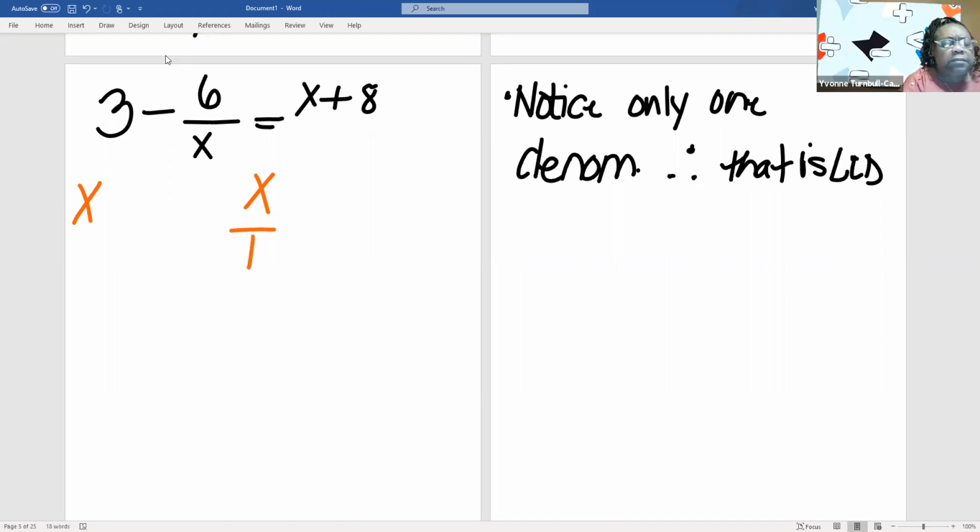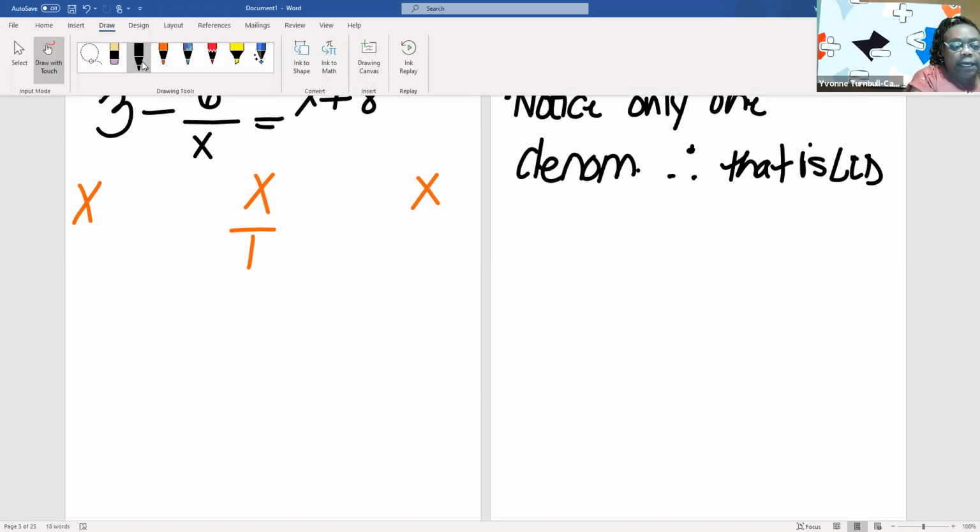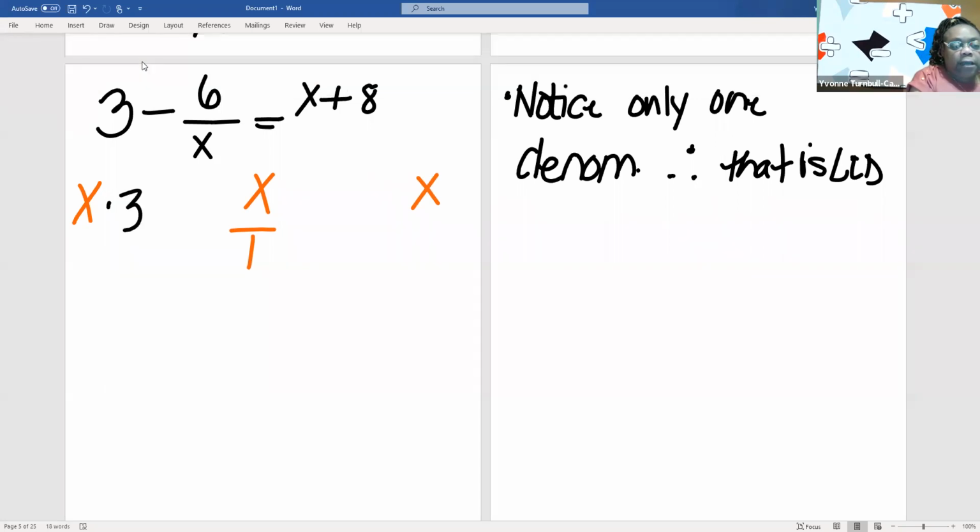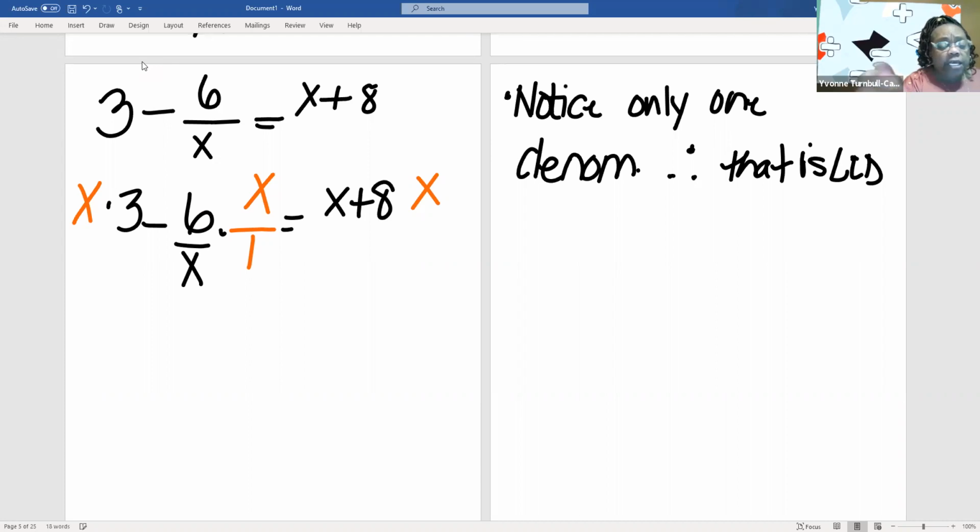The last term, after the equal sign, is an expression, so I don't have to write a fraction for that x either. We're multiplying each term by the denominator, which is x, times x minus 6 over x equals x plus 8. And remember, you're multiplying, so you want to make sure to show the multiplication, because written like that, it looks like something else.